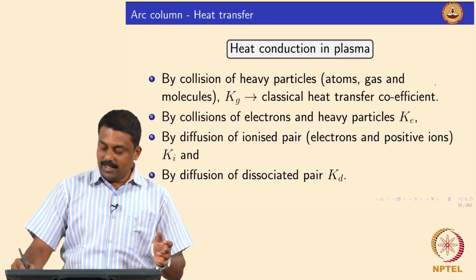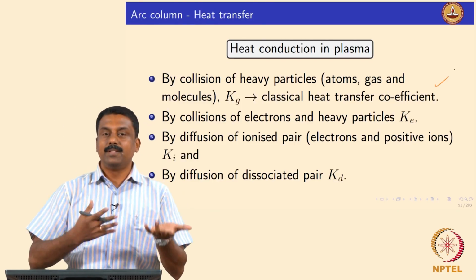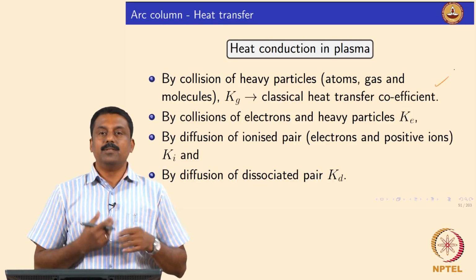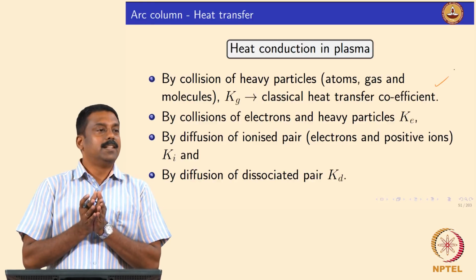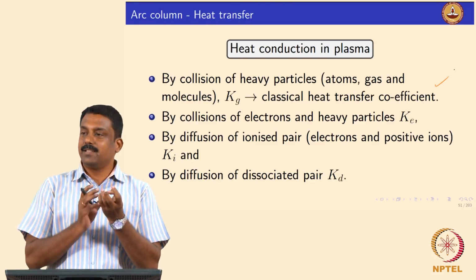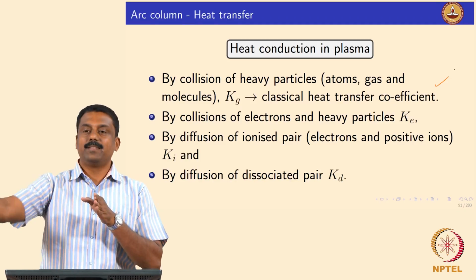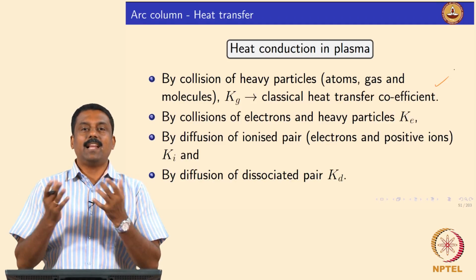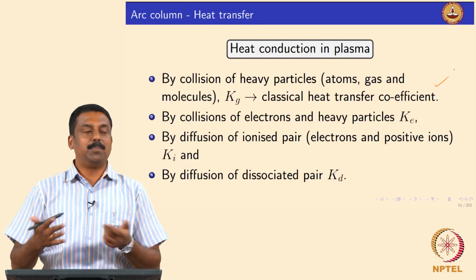The first one is the classical way, by collision of heavy particles, by collision of atoms, gas molecules. Okay? That means that if one particle which is hot collides with the other one, obviously heat is transferred from one place to other place. So, that is a classical heat transfer coefficient case. It happens in a conductor, for example, in a copper rod.